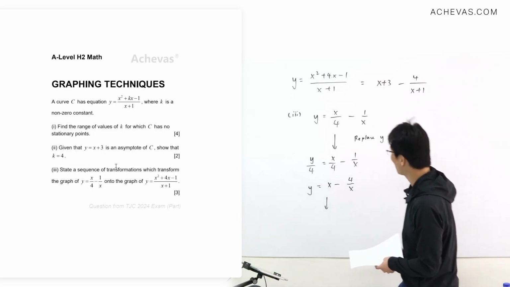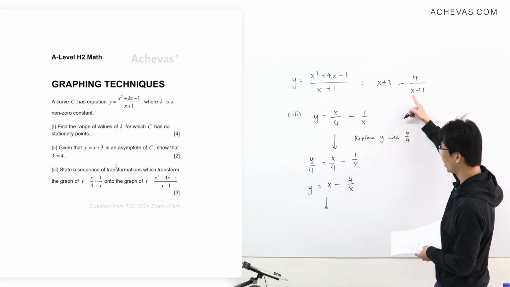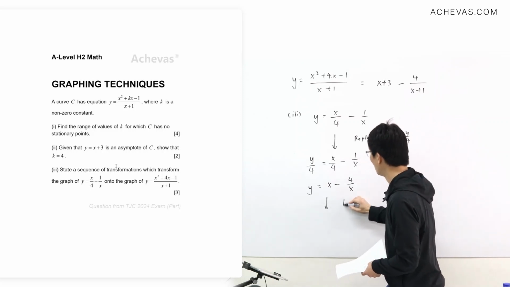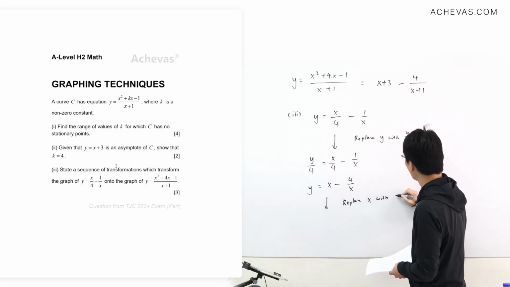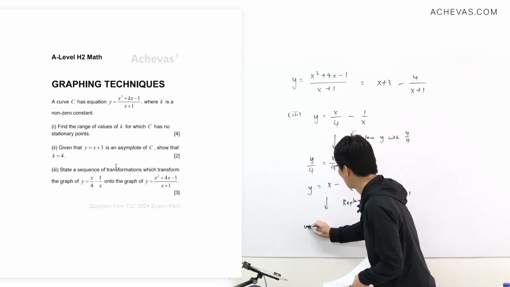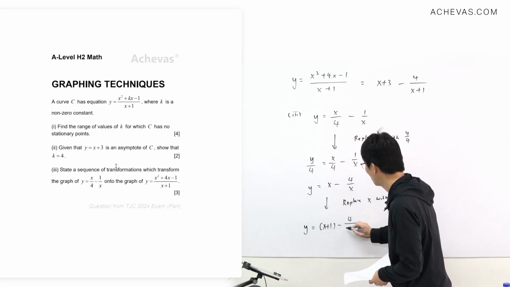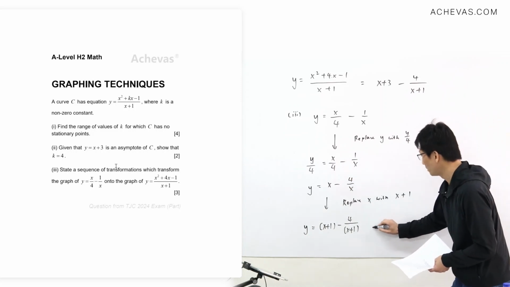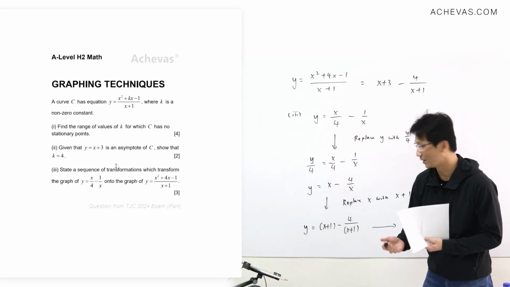The next step I will attempt is to replace my x with x plus 1, because I want to have an x plus 1 here. I will just replace x with x plus 1, and I will be able to get y equals x plus 1 minus 4 over x plus 1. The final step I will be doing is to replace my y with y minus 2.